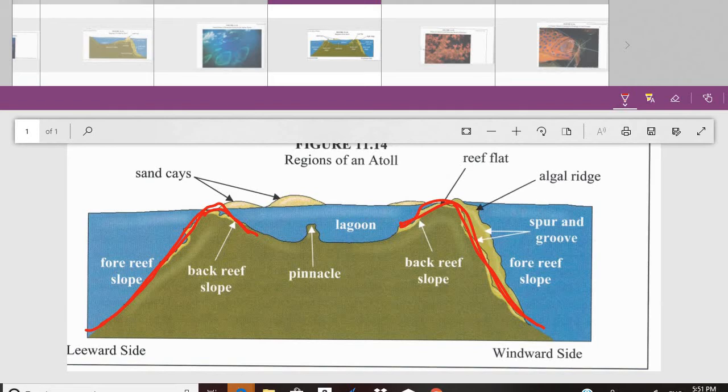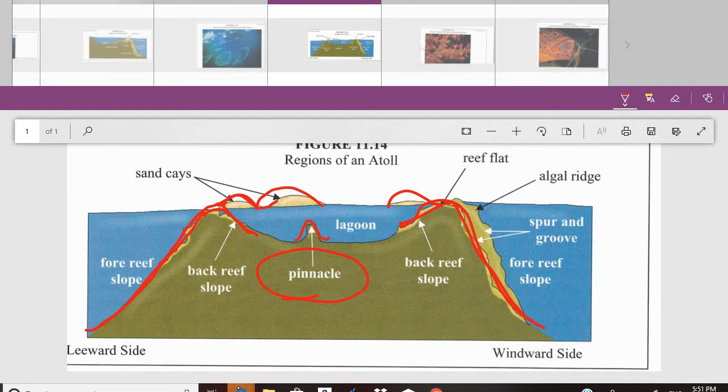and then sometimes you'll get these pillars of coral that grow up into the lagoon that are called pinnacles. And I mentioned previously that sometimes you'll get accumulations of sand around here that will rise up above the lagoon.